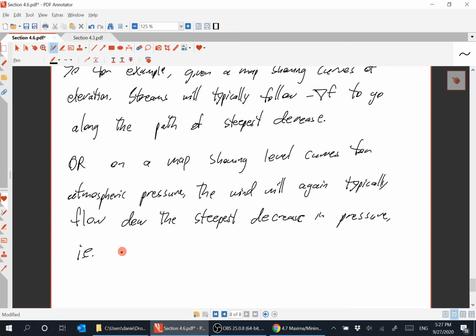That is the negative of the gradient of f.